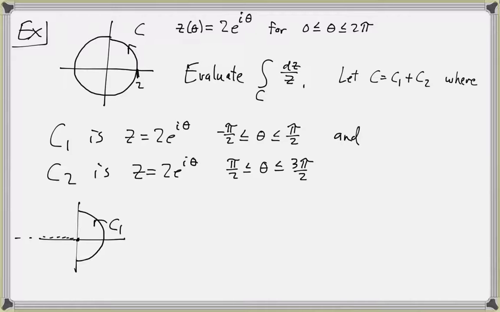And then the same thing for C2, we're going to write C2 this way, and then we're going to use a different branch of log function that has its branch cut on the positive real axis. We're going to split up the integral over C into the integrals over C1 and C2 and use two different antiderivatives. So let's now evaluate the integral of 1 over z over the contour C1.